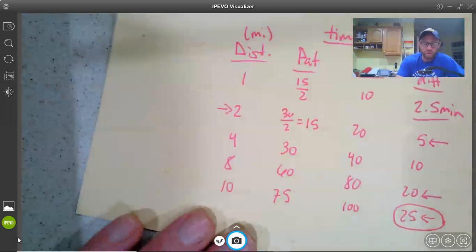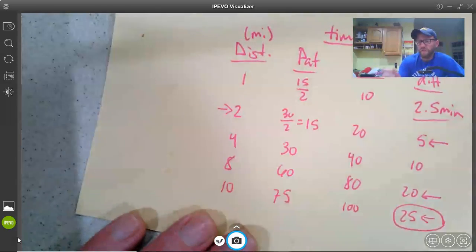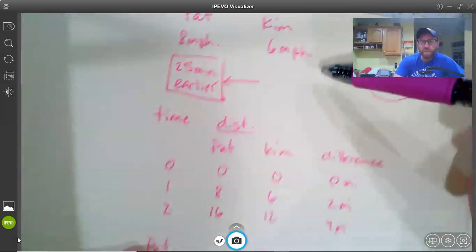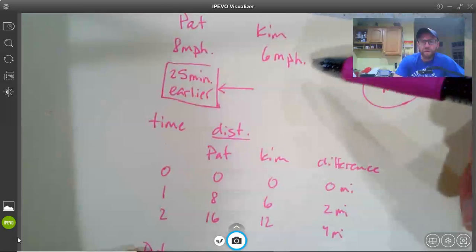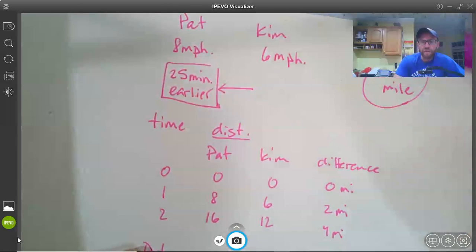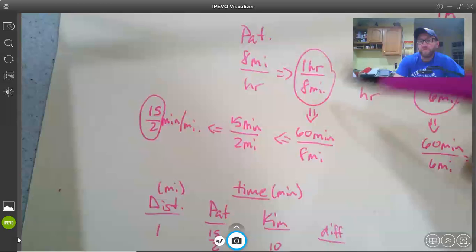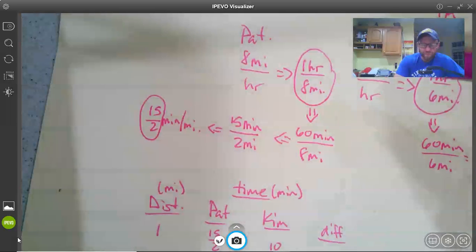All right, so notice, if you're doing a similar problem to this, the steps were, we took their original times and instead of 8 miles per hour and 6 miles per hour, we changed those into hours per mile because that was better for our table.